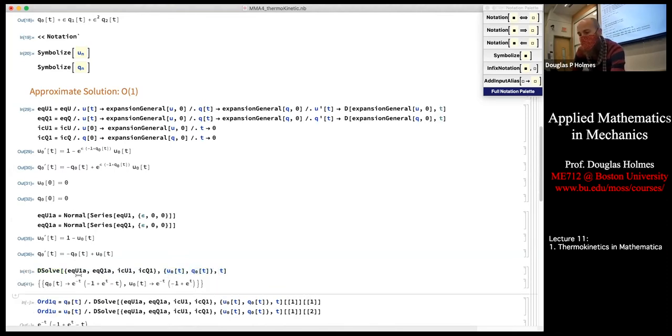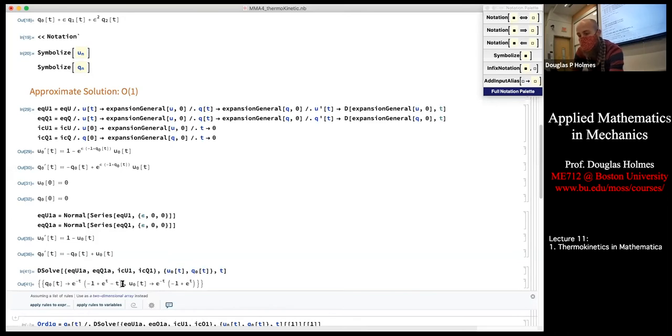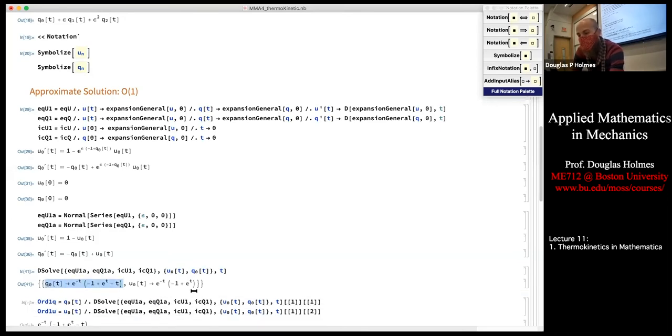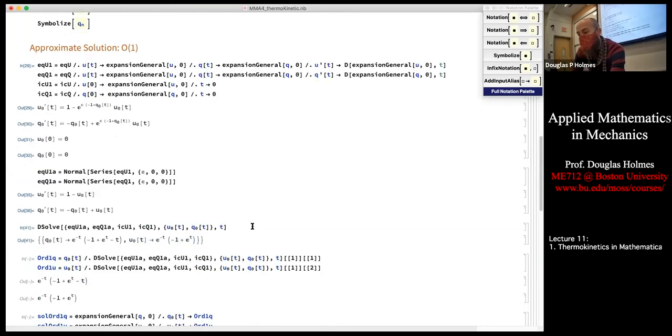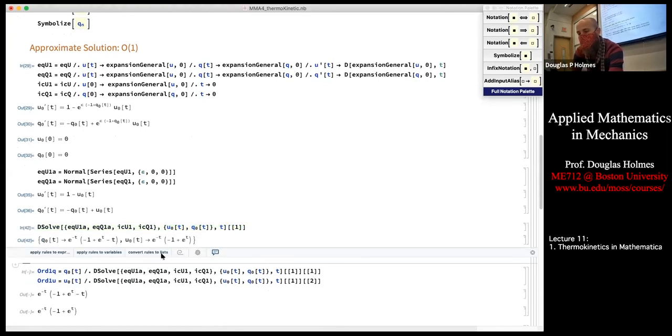And I run that, and I'm going to get a list of solutions. The first solution is for q naught. Second solution is for u naught. So if I want to pull out the first solution, I type in square bracket 1. That actually just removes the outside parentheses. So look here.